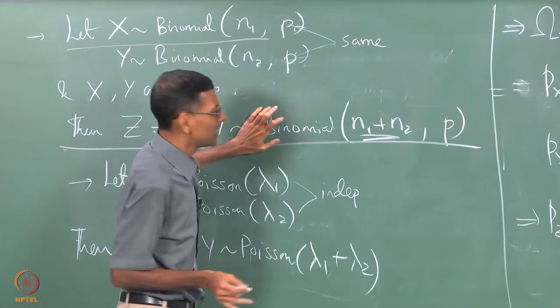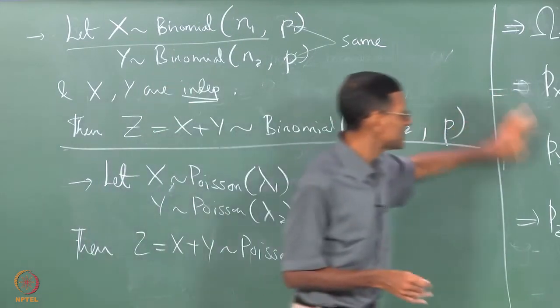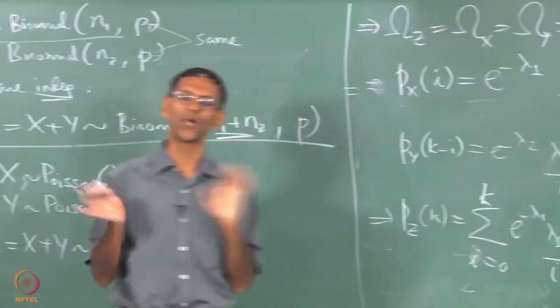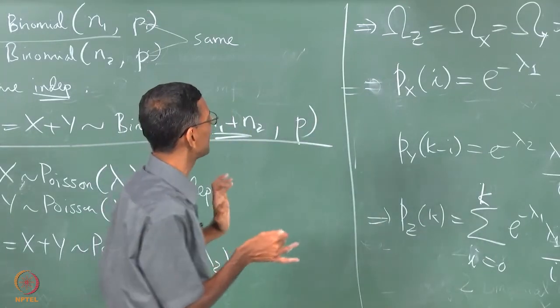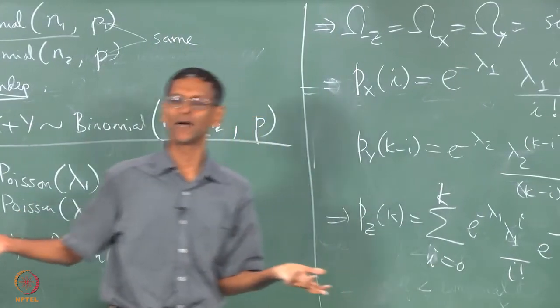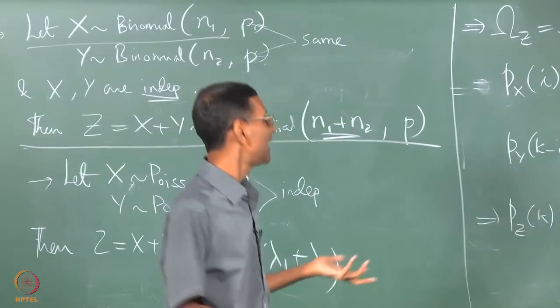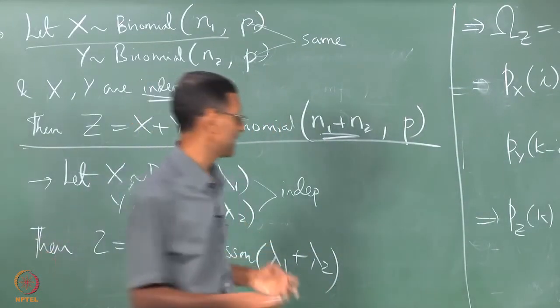So this Poisson is a very interesting case. You can think of a big Poisson. Now I can extend this to multiple summations. I can look at z equal to sigma xi.